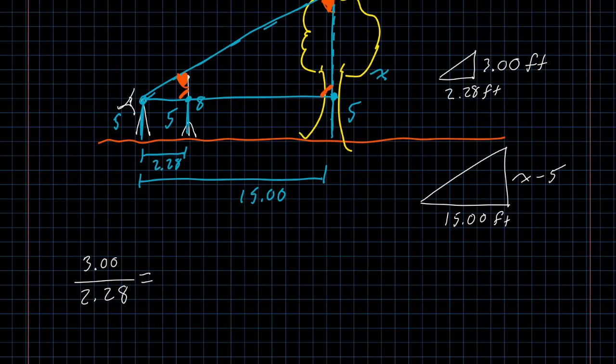On the second triangle, the side that corresponds to 3.00 feet is the side measured x minus 5.00. I was lazy when I drew the diagram because I didn't quite have enough room for everything. And then the side that corresponds to the 2.28, the side along the bottom, is 15.00. Again, numerator and denominator in feet. Feet are going to cancel out. I know I'm going to be left with x in feet. I don't need to carry the units along with me.